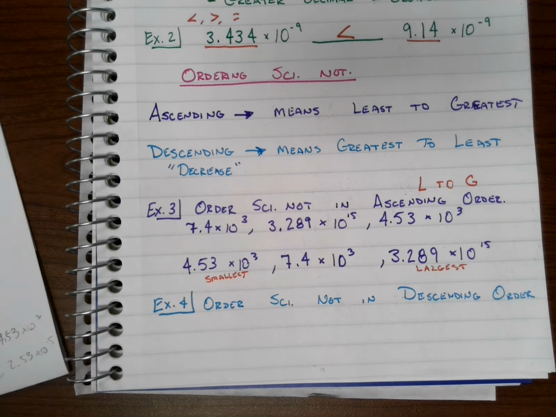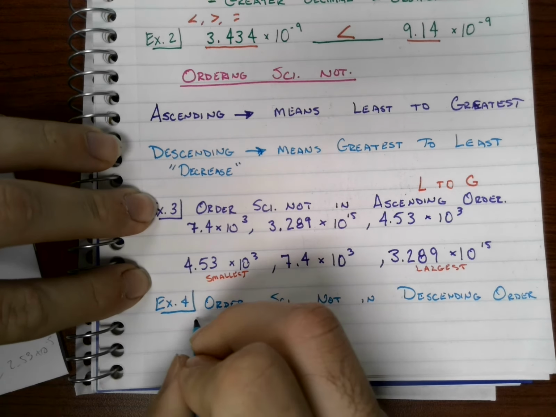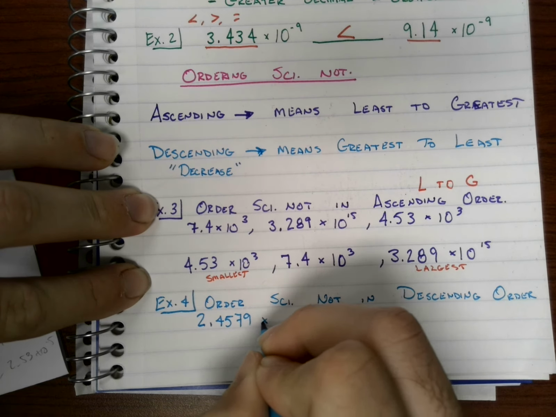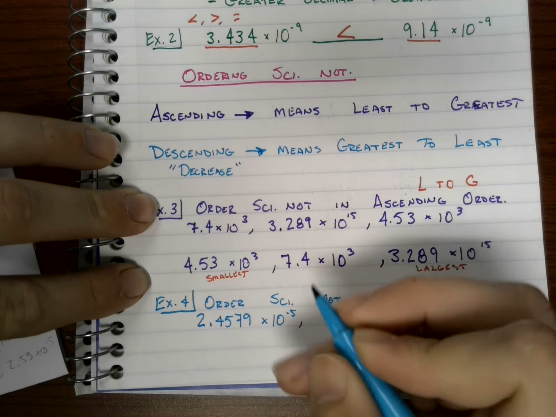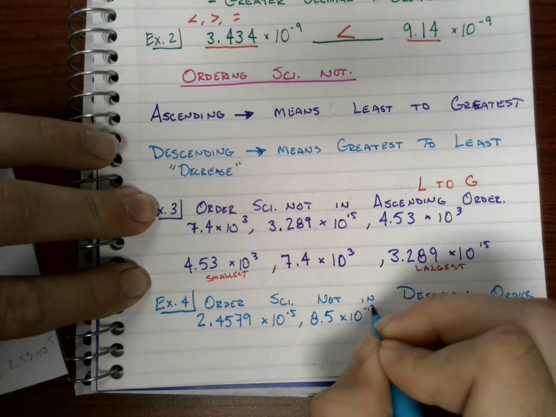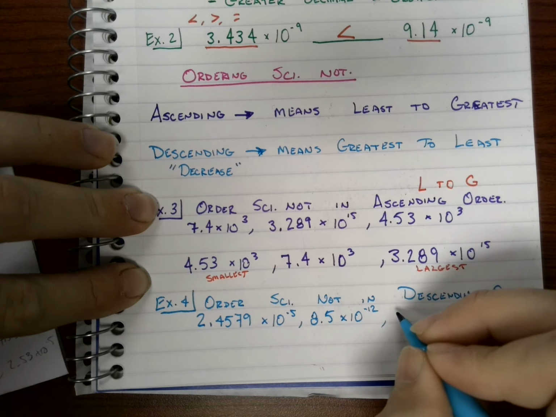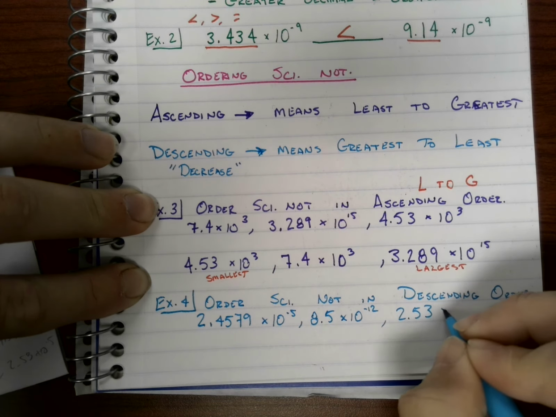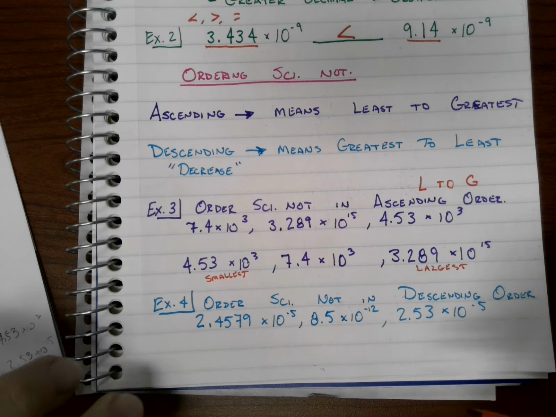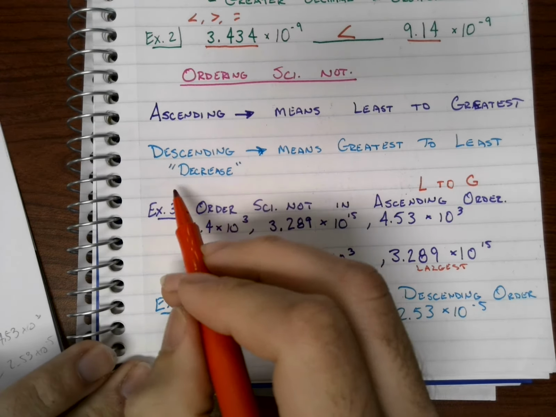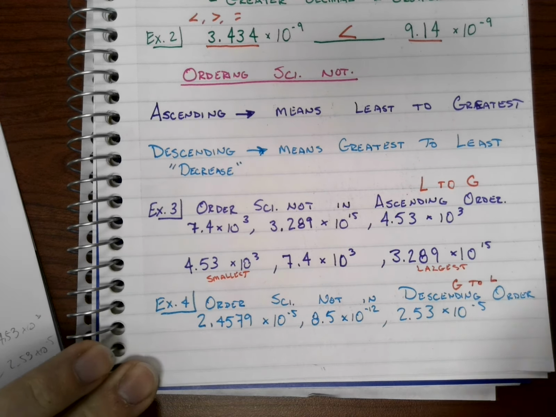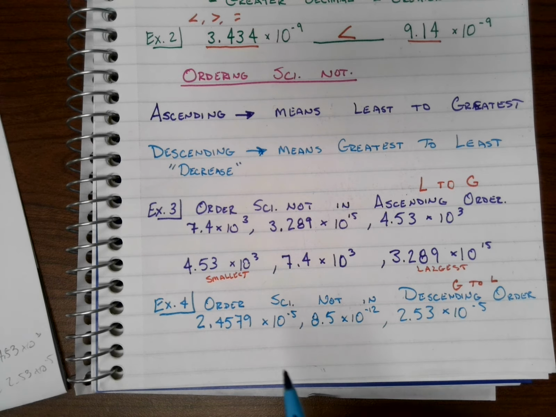And our numbers are 2.4579 times 10 to the negative fifth, 8.5 times 10 to the negative 12th, and 2.53 times 10 to the negative fifth. So descending order, descending, decrease, greatest to least. So we're looking, which one of these numbers is my greatest number?